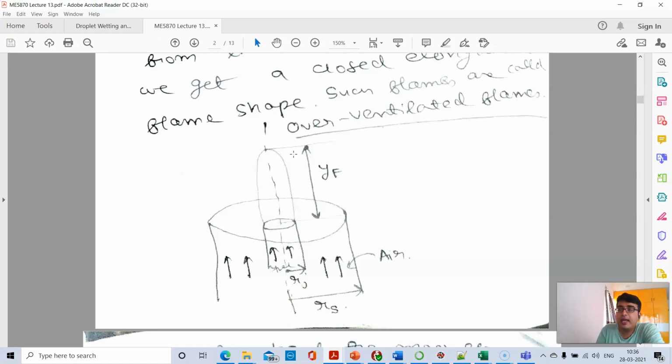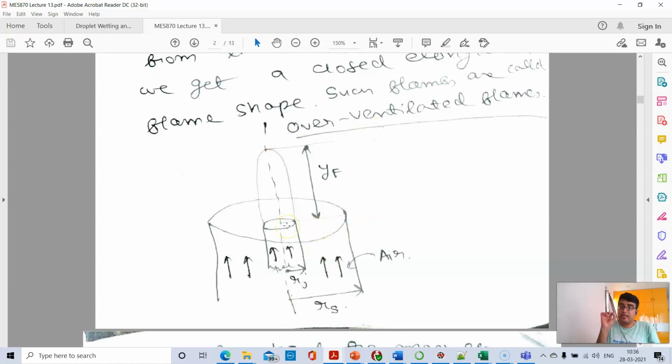The balance of diffusion is such that the flame front will be present exactly where the rate at which fuel is entering the flame balances the rate at which oxygen is entering the flame in the stoichiometric proportion. So the flame will always be where the ratio of the fuel concentration and the oxygen concentration is at stoichiometric proportion.